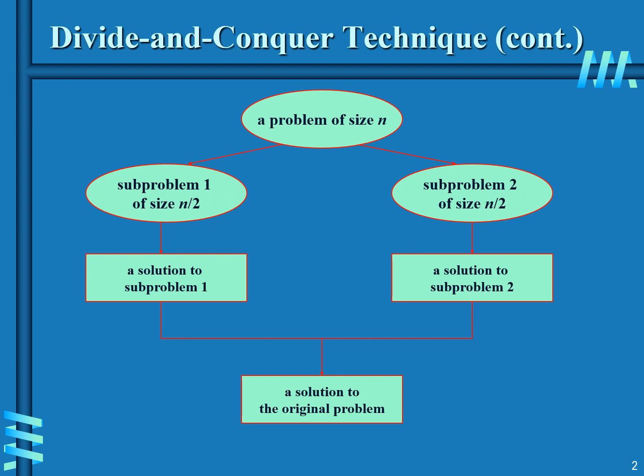This is the concept of divide and conquer shown in a pictorial way. A problem of size n will be divided into one or more subproblems. Here, for simplicity, we have divided it into two subproblems of size n by 2. We can divide it by a factor of 2 or 3 or whatever it may be, but into equal sizes.